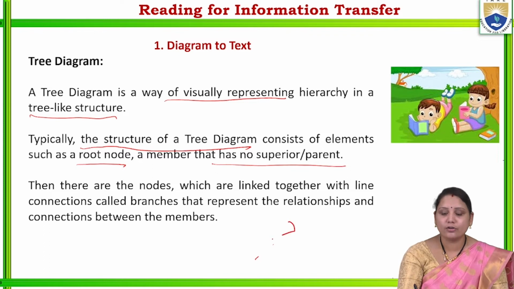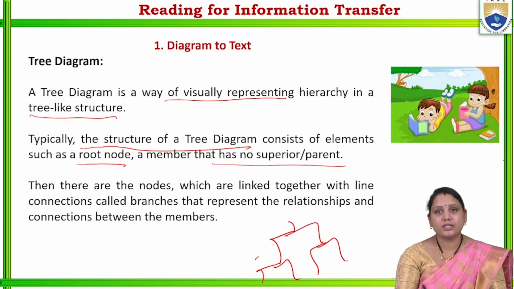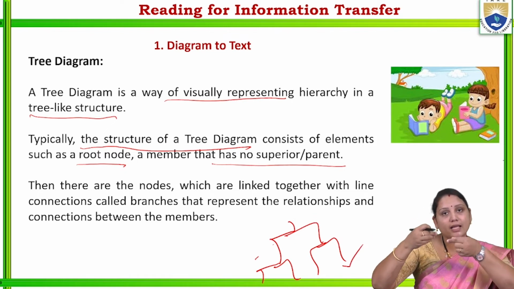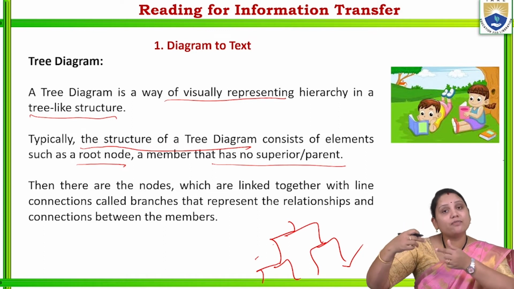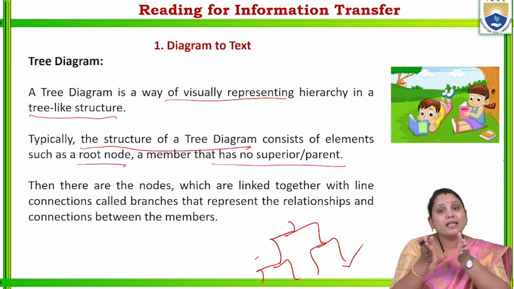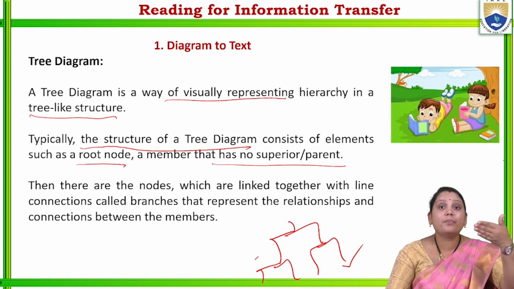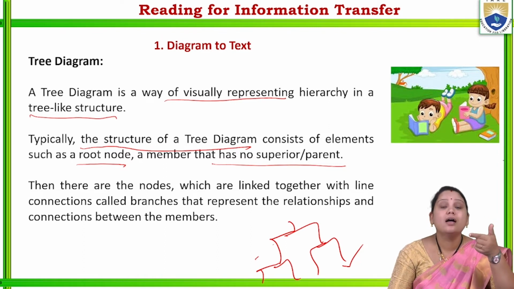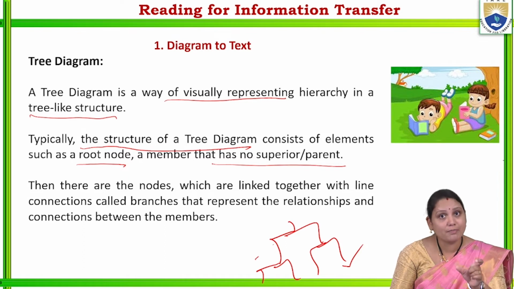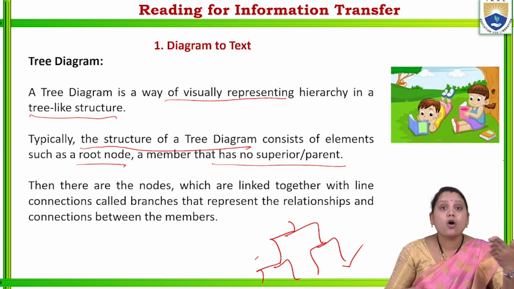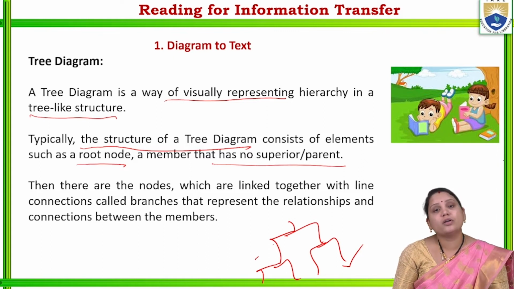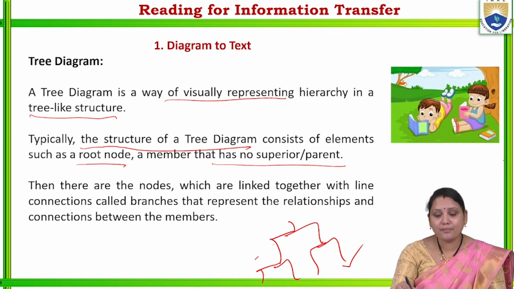These are called the root nodes. That is, we are going to segregate from one point to another, leading the connection with the other. In such a way, we represent the connection of information through different steps, segregating them into a logical order. That is what your tree diagram represents.